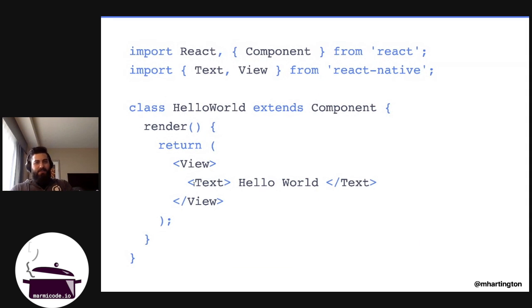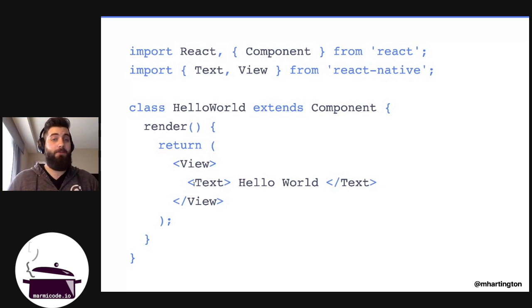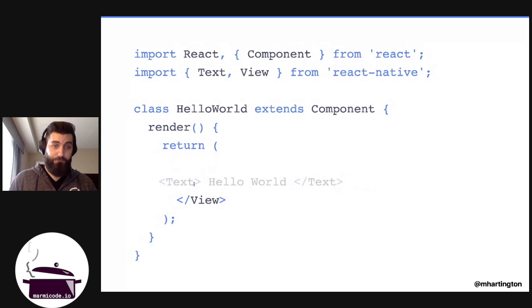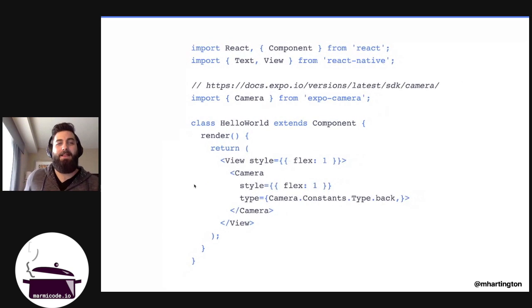Now, this can work pretty well. I've written a few React Native apps just to know how it works. For example, if you want to just create a glorified div with some text that says hello world, it's fairly simple. We're just creating a component and returning some representation of what this view looks like. Where it gets pretty interesting and complex is doing things like any device features.